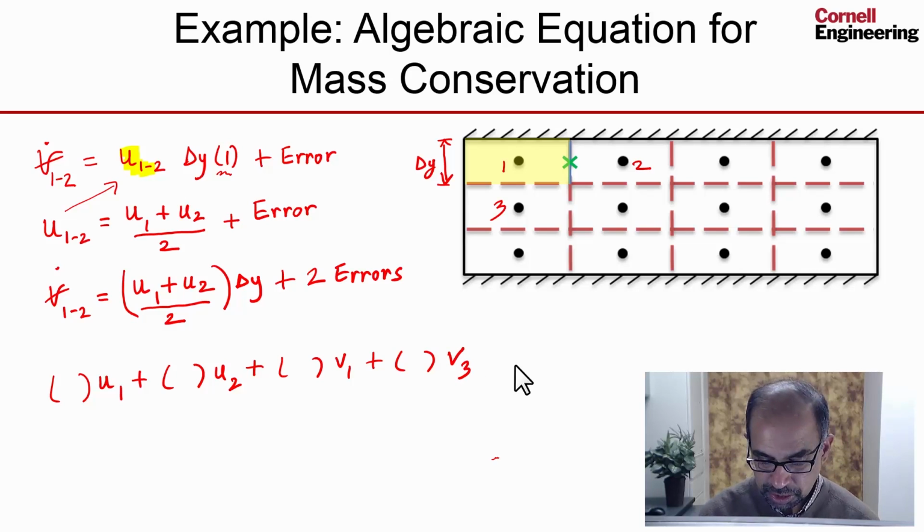There's no contribution from the top face, and from the left face I will have a constant value, so that'll just go to the right. And this is the algebraic equation for mass conservation, and I'll let you work out what the coefficients are in the exercises.